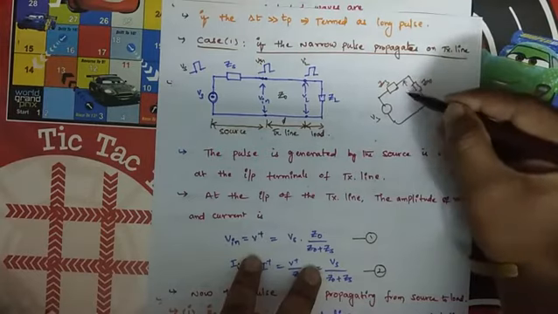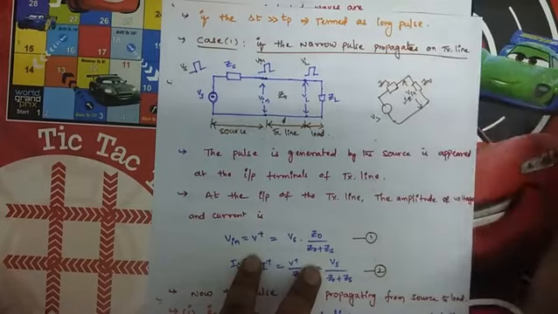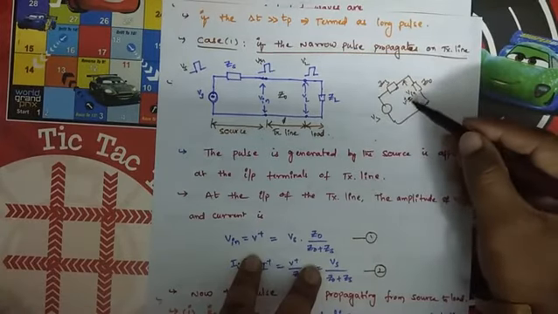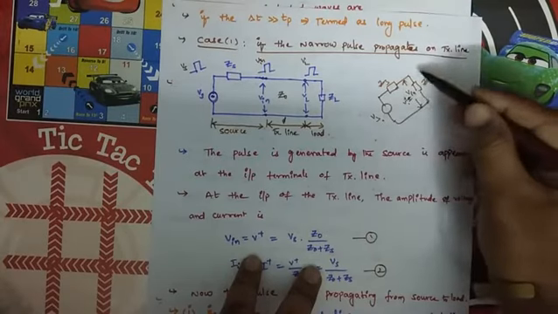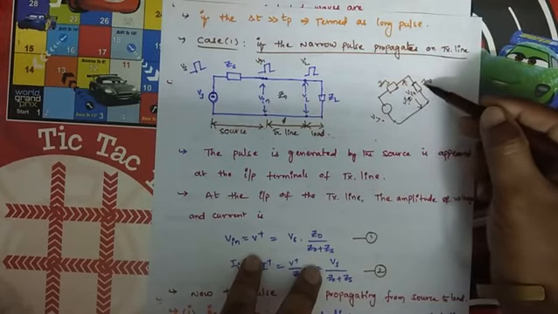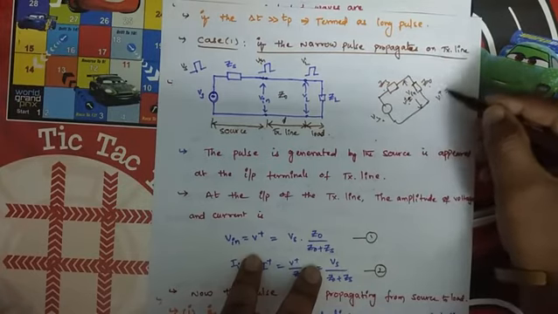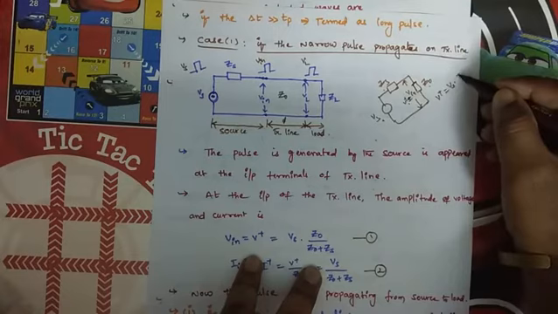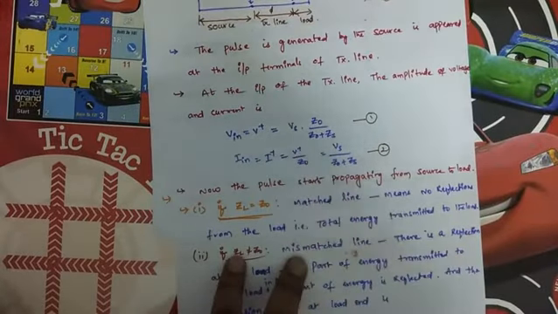We need the voltage at this point, Vin or V plus, both the same. Using voltage division, V plus equals the total voltage Vs times the impedance across which we are determining the voltage, Z0, divided by the total impedance Z0 plus Zs. So V plus equals Vs times Z0 divided by Z0 plus Zs. Let this be equation number 1.